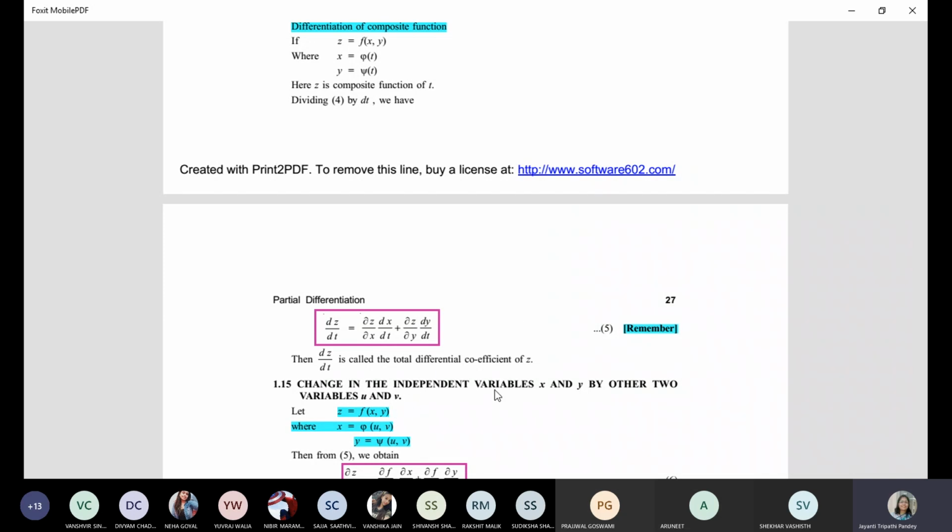Then there is a third type. Now see this carefully. Here x and y were functions of t only. Now you include one more variable in it. z is f of x, y, and x and y are functions of two variables, u and v. I want you to note it down, because according to the situation we use the formula.